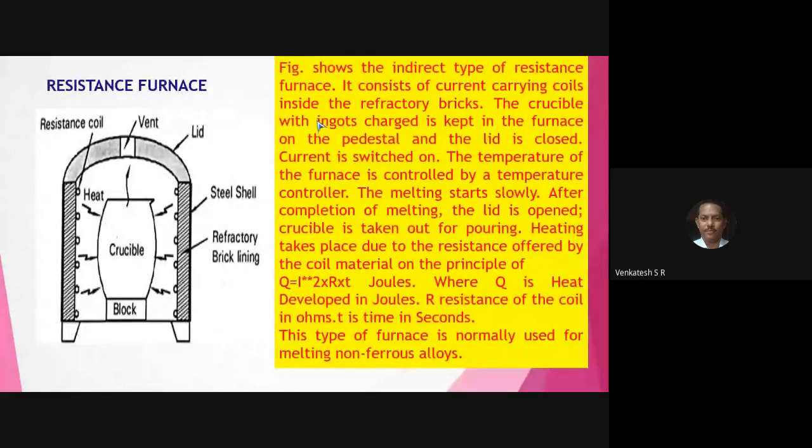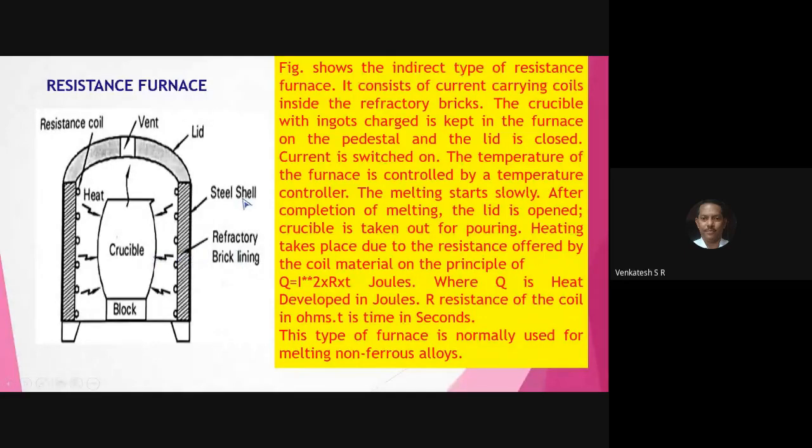Once again, the principle of operation. So what are the parts available in a resistance furnace? This is the pedestal or platform. On that you have the cast iron block, and on it they place the crucible. The crucible is covered by the resistance coil. On the coil you have a refractory brick lining.